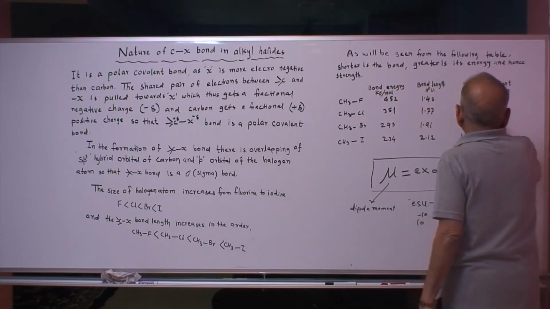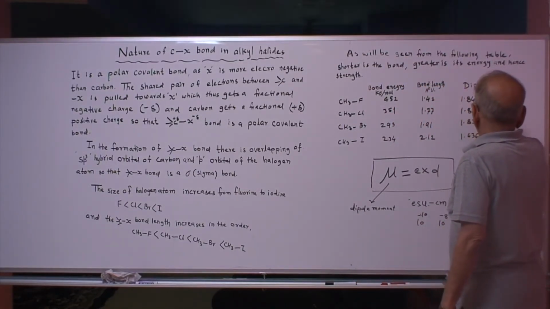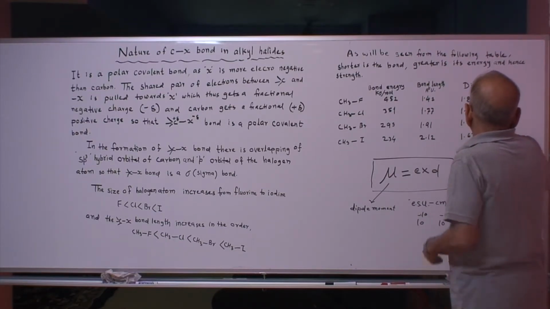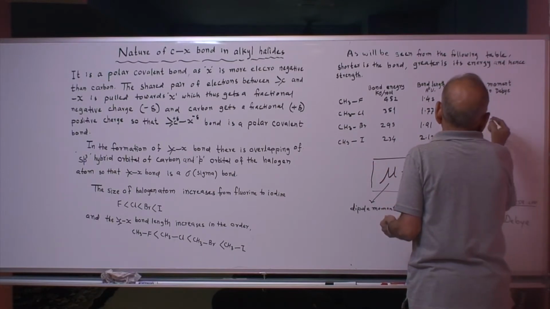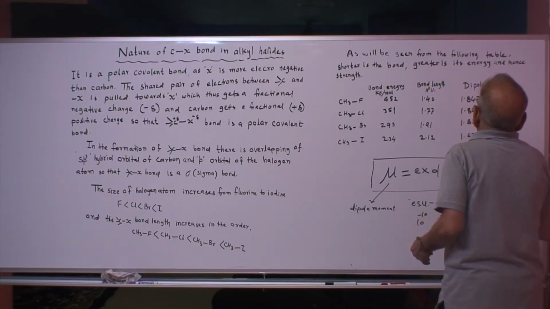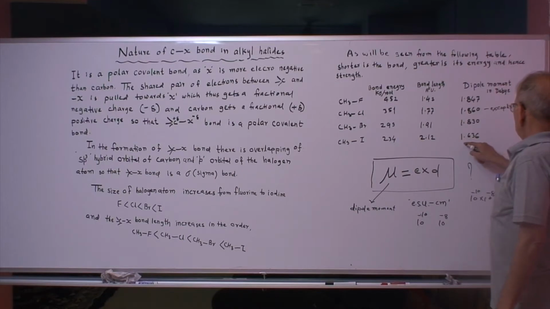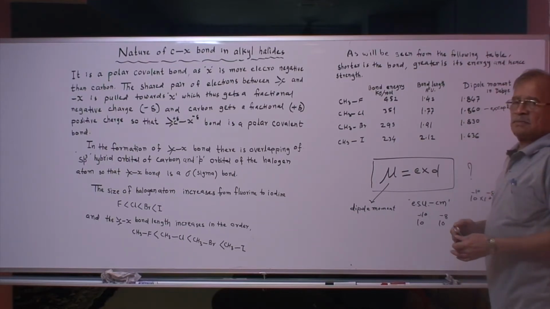F is 1.847, Cl should be less than 1.847. Okay, so this is an exception. Then less than that, 1.830 and 1.636.